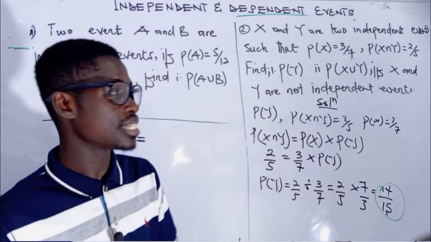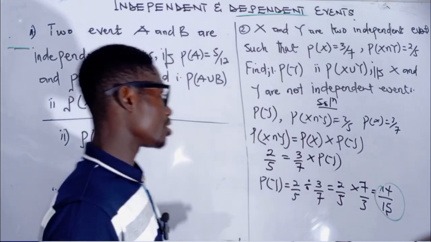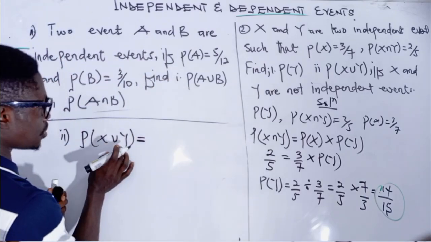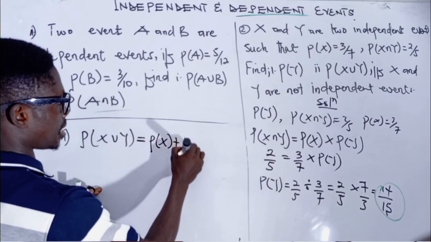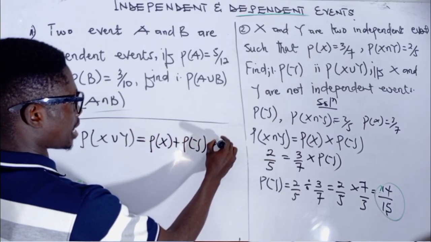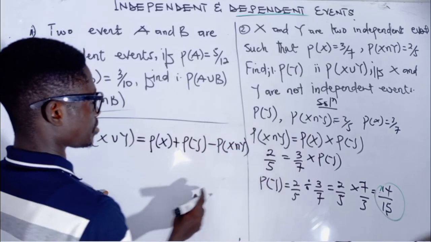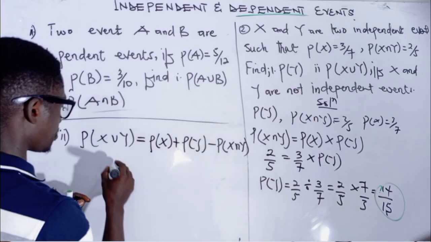If they are dependent, then the probability of X union Y is probability of X plus probability of Y minus probability of X intersection Y.